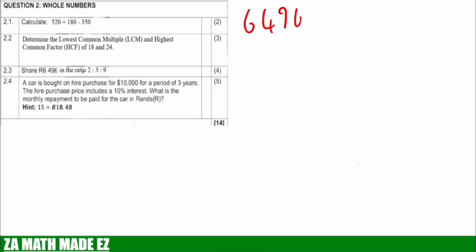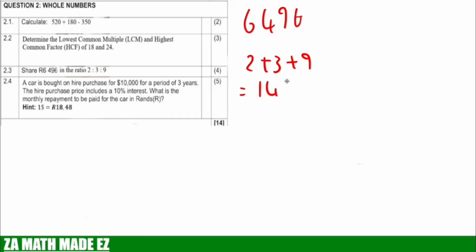Okay, 2.3, share 6,496 in the ratio 2 is to 3 is to 9. So what you must first do is add the numbers in this ratio. So 2 is to 3 is to 9, we add it all together. That's 2 plus 3 plus 9, which is equal to 14.